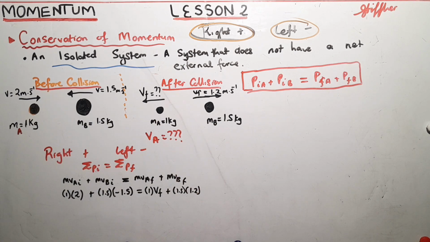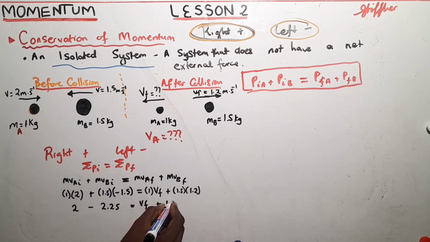So doing the calculation, this will be 2 and this will be negative 2.25 being equal to the final velocity plus 1.8. So we can take this 1.8 to this side, so it means that our final velocity can now become negative 2.05. So that's the final velocity.